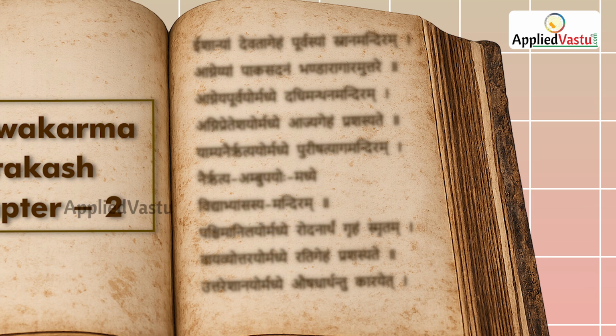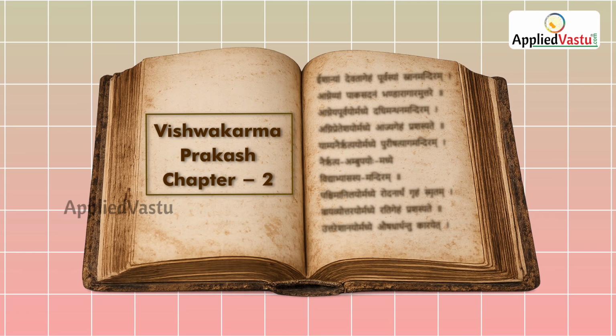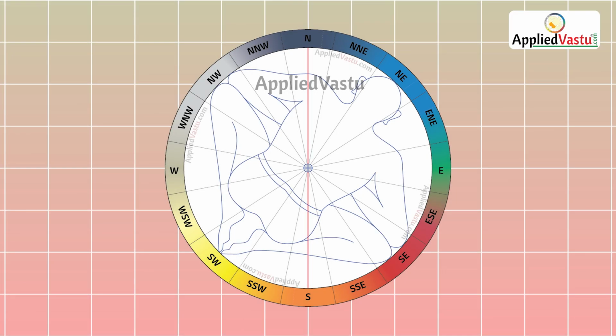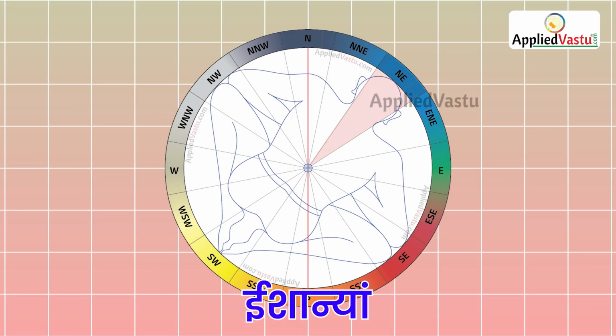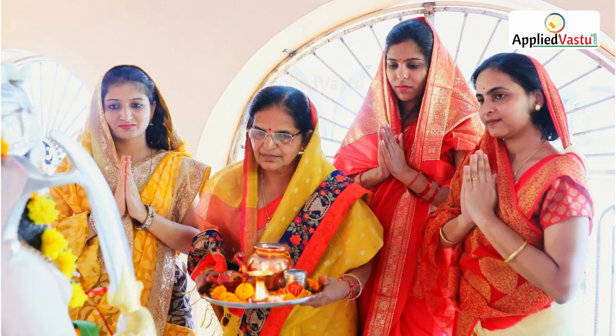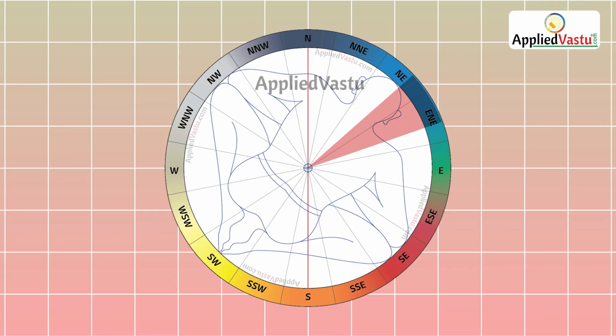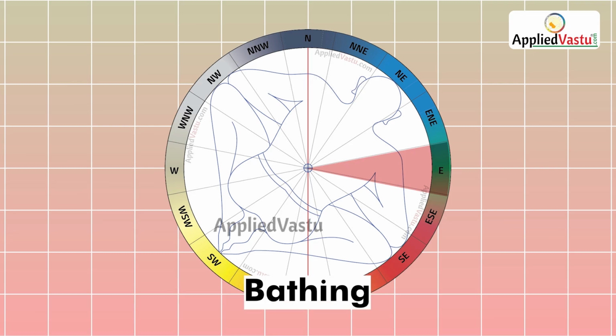One of the classical shlokas mentions: ईशान्यं देवता गेहं पूर्वश्च स्नान मंदिरम अग्नेयं पाक सदनम भांडारगृहं तथो उत्तरे. Here, Ishanyam refers to the northeast direction, which is considered ideal for a temple or prayer room, while the east direction is regarded as suitable for bathing and cleansing activities.